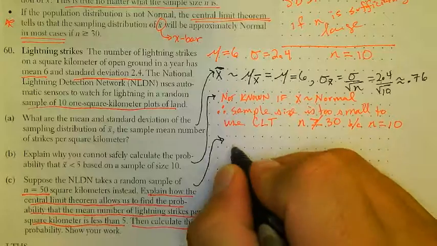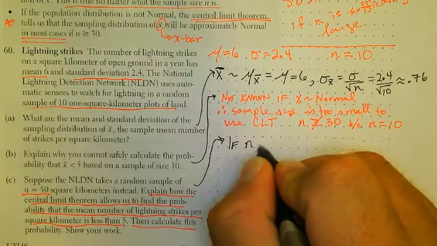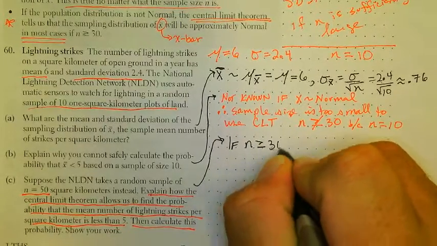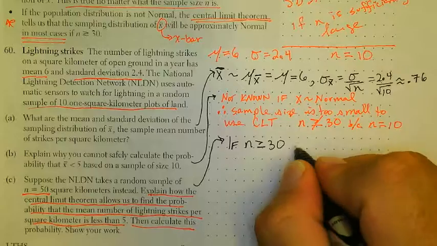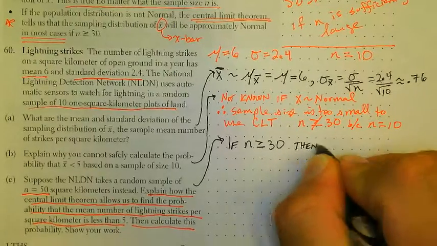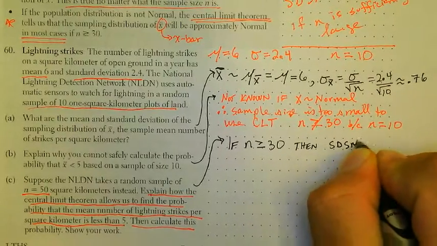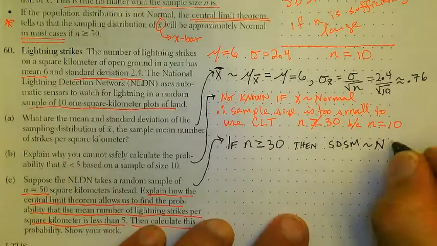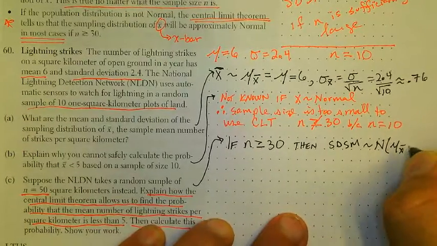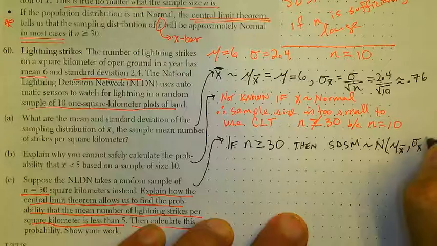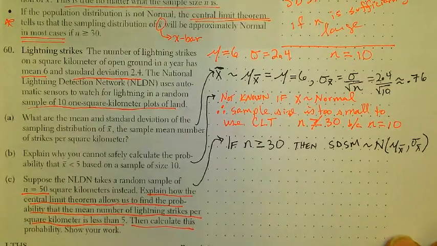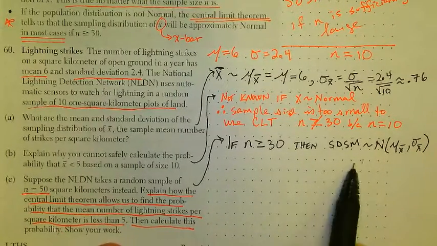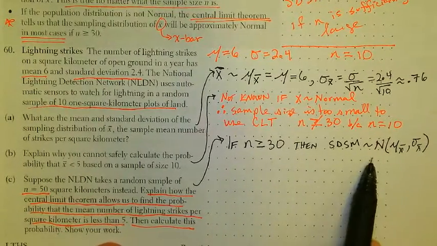We know that if our sample size is greater than or equal to 30, then our sampling distribution of sample means is approximately normal with some mu sub x bar and sigma sub x bar. That's what the central limit theorem tells us.